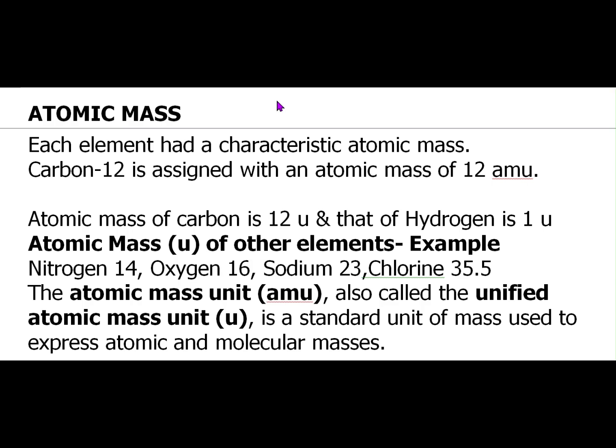Hereafter, when we give atomic mass we will put the unit U, and molecular masses you also put U. Likewise, we take carbon 12 as the standard with 12 atomic mass units, that is 12 U. So with reference to carbon, all other elements are assigned respective values. So we have to take these values as atomic mass units.